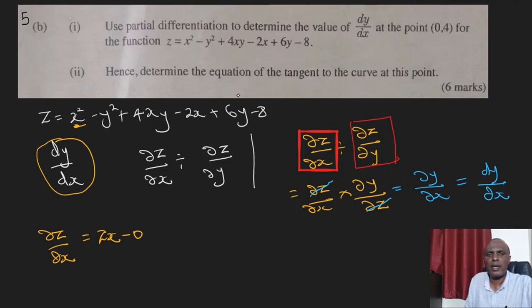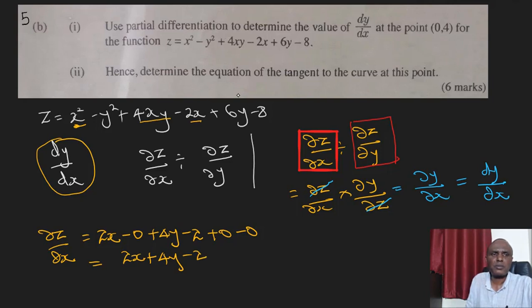For 4xy, we differentiate with respect to x and are left with 4y. We differentiate 2x with respect to x and get minus 2. 6y differentiated gives 0 because y is constant, and 8 is constant, so we get 0. Therefore, ∂z/∂x is 2x plus 4y minus 2.